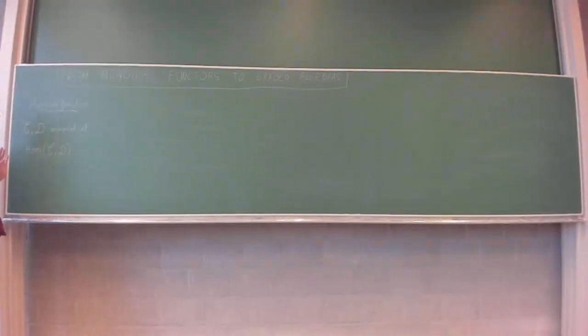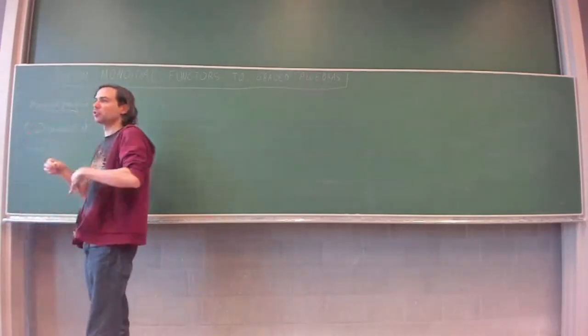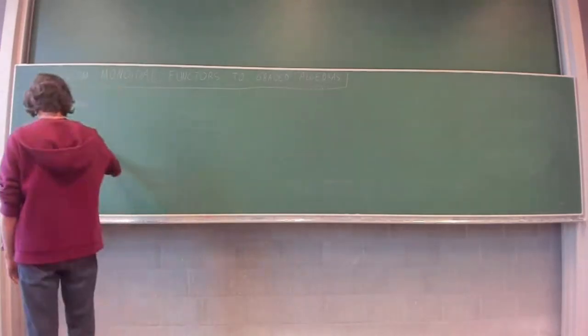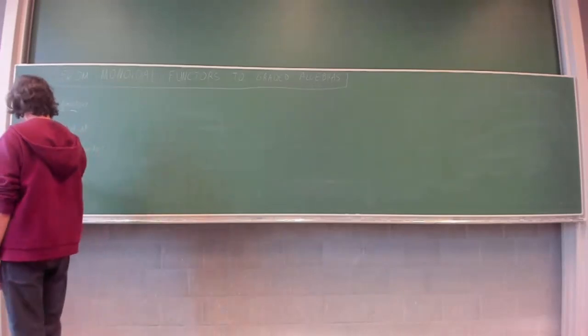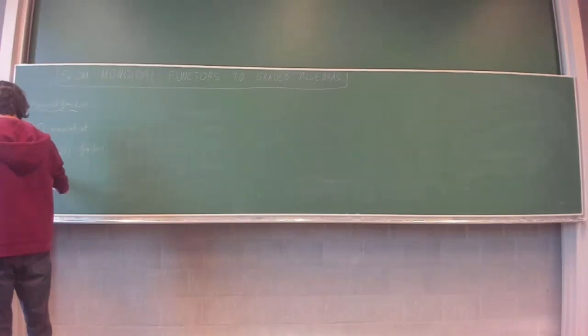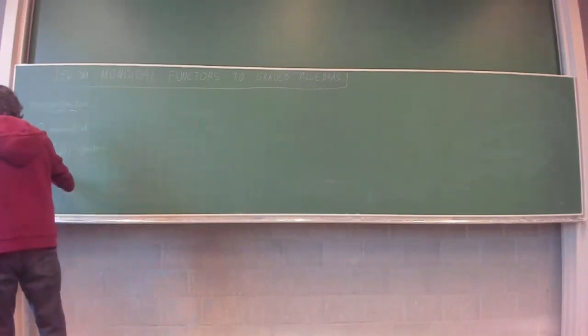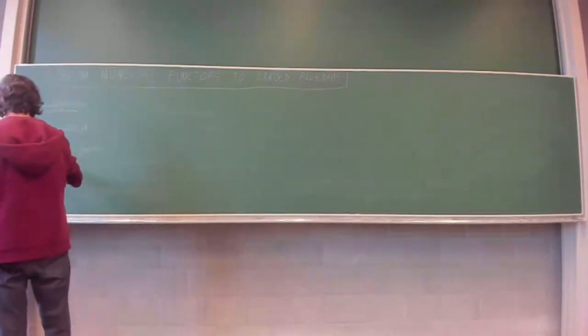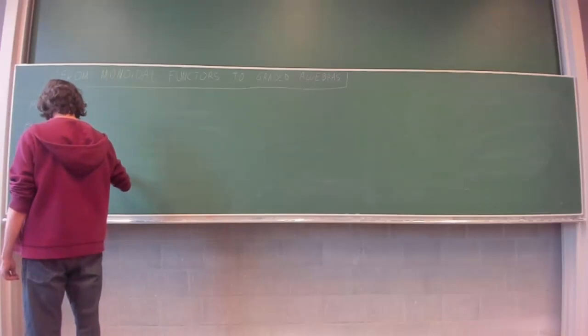This is just the category of functors, so the fact that they are monoidal doesn't play any role here. Then if I add a tensor symbol here, I mean monoidal functors.